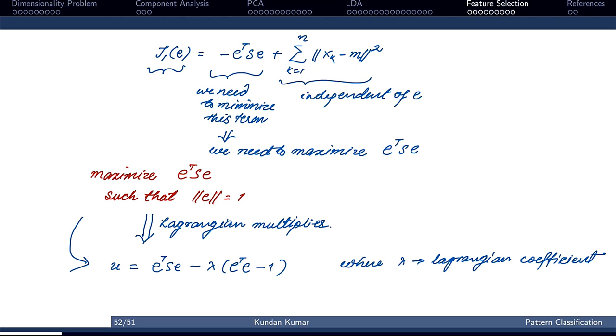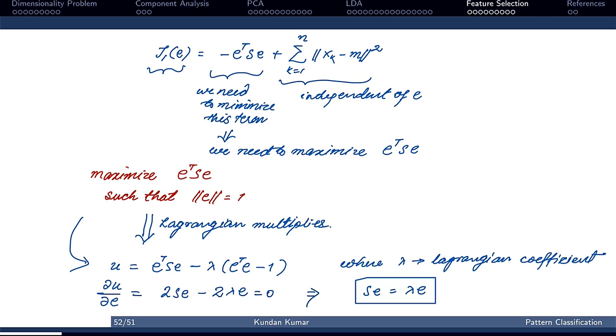So we can maximize this term. What we have to take is the derivative. So del u by del E equal to 2 S E minus 2 lambda E. Okay, and we need to equate it to 0, and from this we obtain S E equal to lambda E, and this is a very important result. Here you can observe this expression is one that we already know.